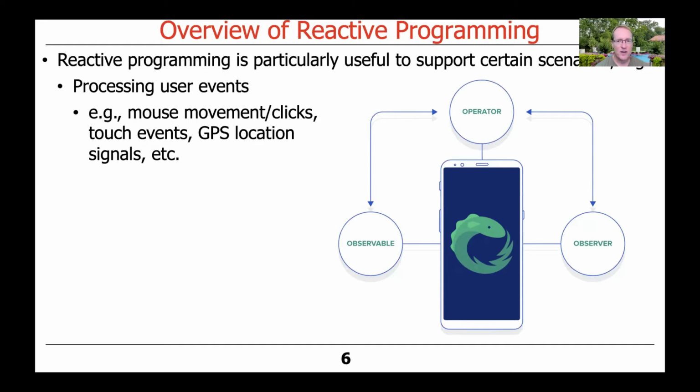Then there are other things that fall into the same bag of events, like GPS location signals, which correspond to where the user happens to be moving. As you'll see, the reactive programming approach is used very commonly in the context of graphical user interfaces. We're not going to do a whole lot of it in this course because it isn't really a course on GUIs, although you could use this capability, and in fact it is used quite commonly in platforms like Android.